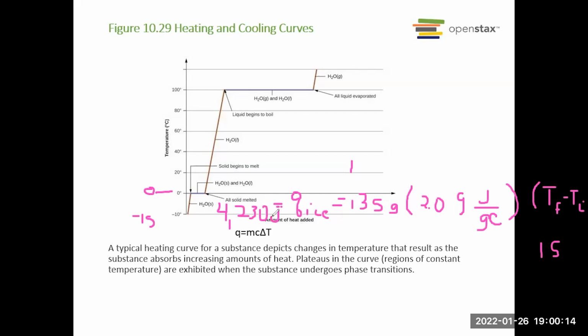Then we also have the delta H, so we have delta H fusion times the number of moles. How do I calculate the number of moles? The mass divided by the molar mass. What is the molar mass of water? 18.